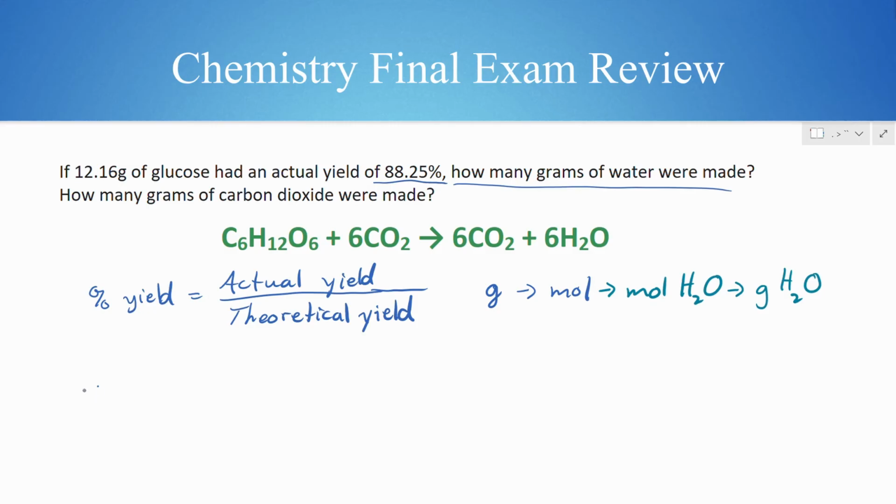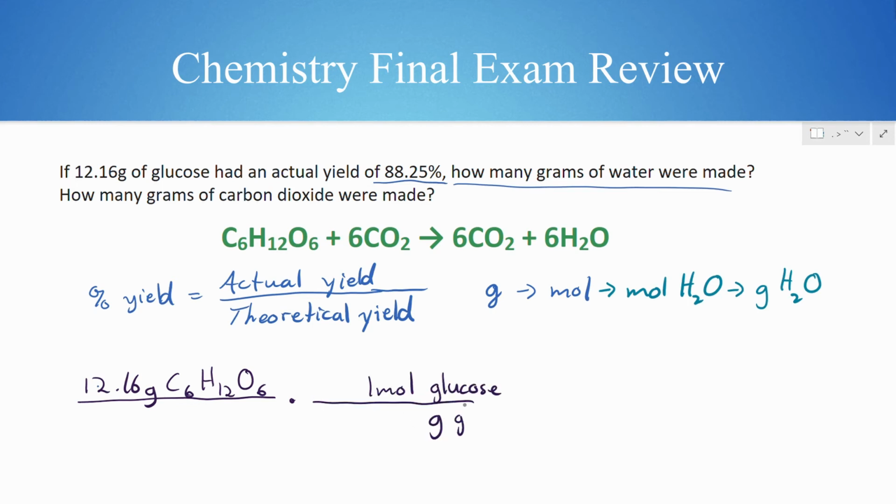12.16 grams of glucose. This is the C6H12O6 formula. That's going to be converted. Then we'll use the molar mass to find the number of moles of glucose.